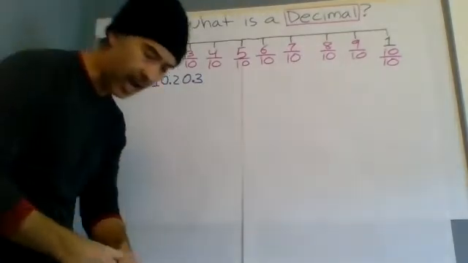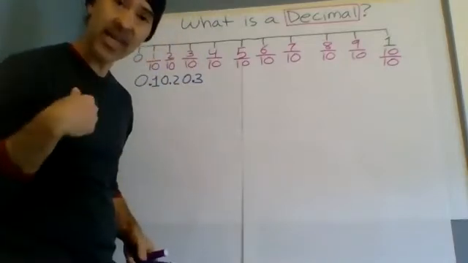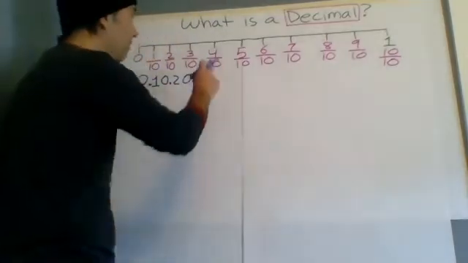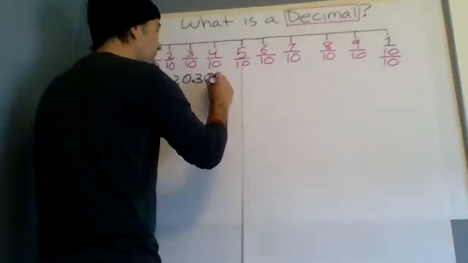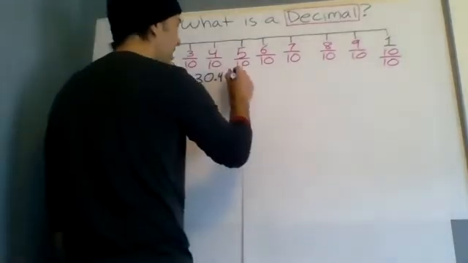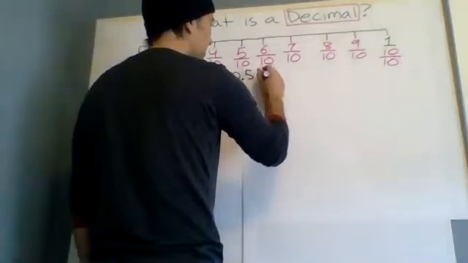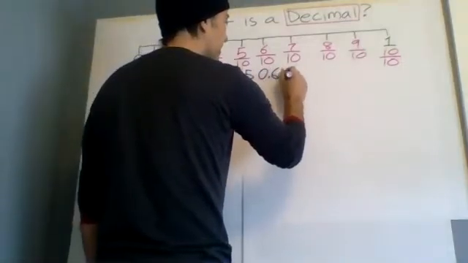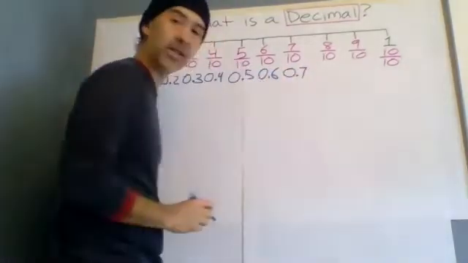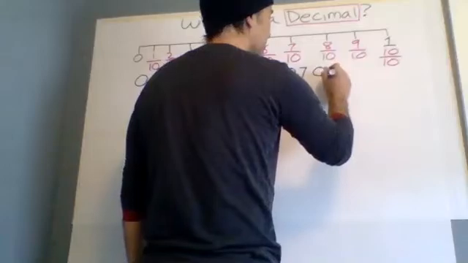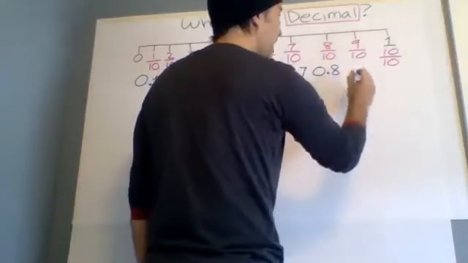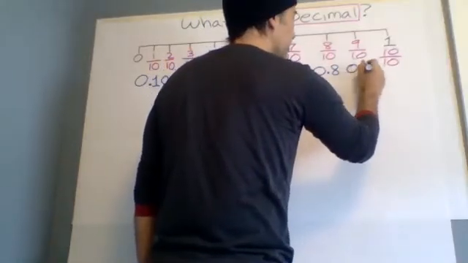Okay, welcome back. Let's see if your thinking is the same as my thinking. 4/10, 0.4. 5/10, 0.5. 6/10, 0.6. 7/10, 0.7. 8/10, 0.8, 9/10, 0.9.